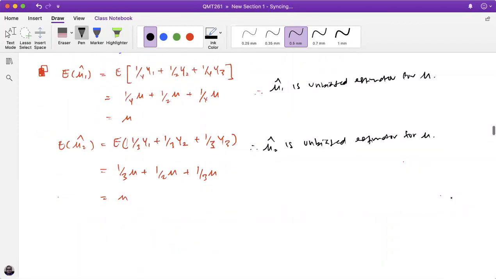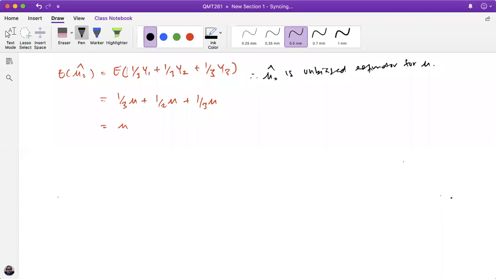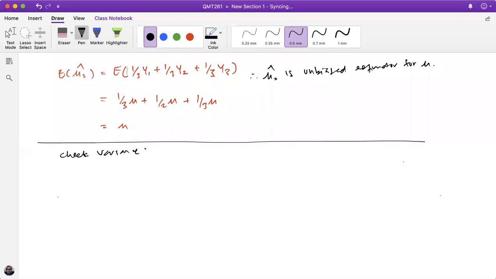So then the next step is to check the variance for each estimator lah. So we need to check the variance for each estimator.